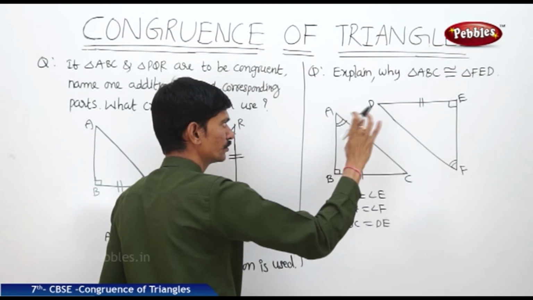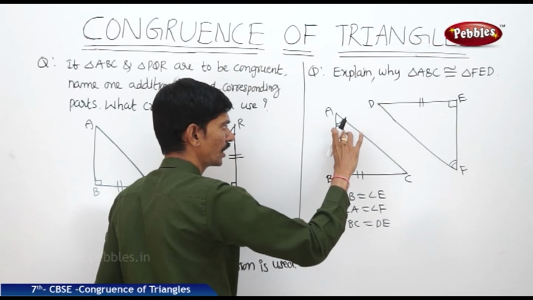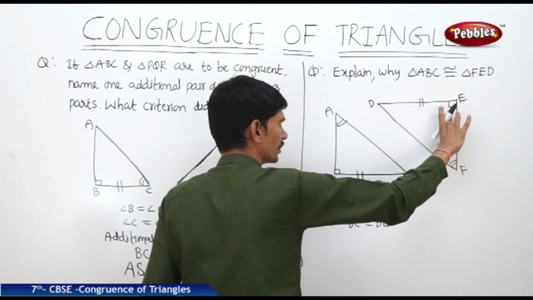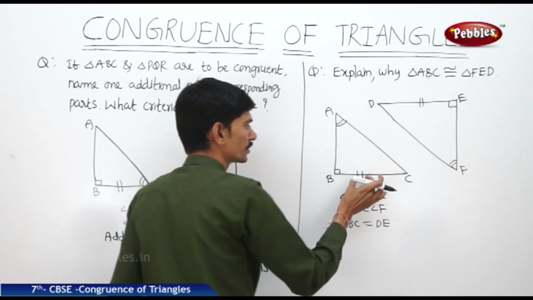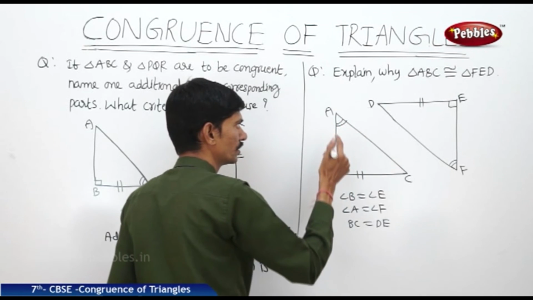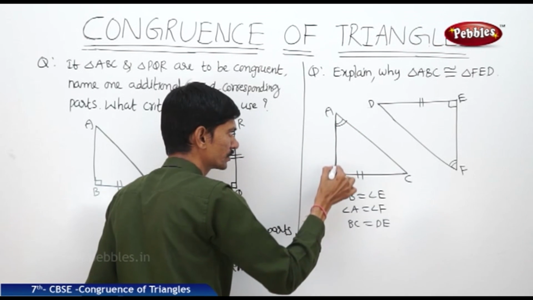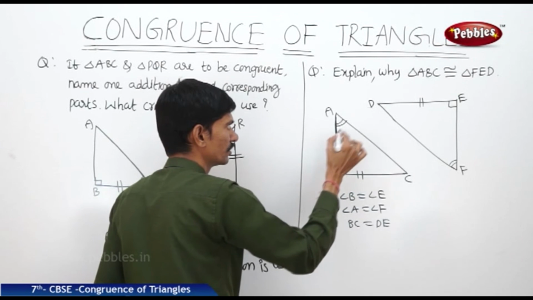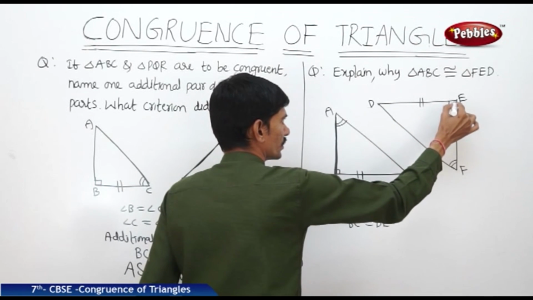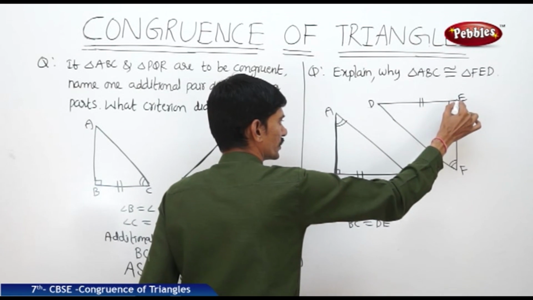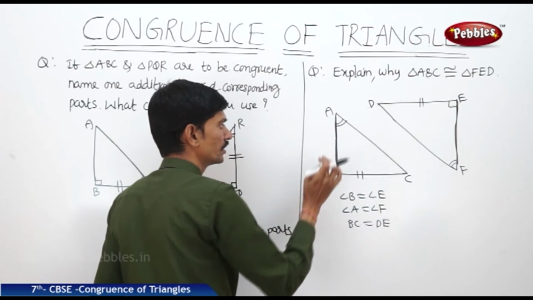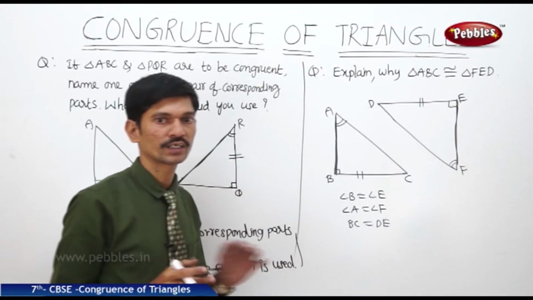But see here, the two angles of one triangle are respectively equal to the two angles of the other triangle, but the included sides are not equal. Here AB is the included side of this triangle, and EF is the included side of this triangle. So we cannot use the ASA congruence criterion.